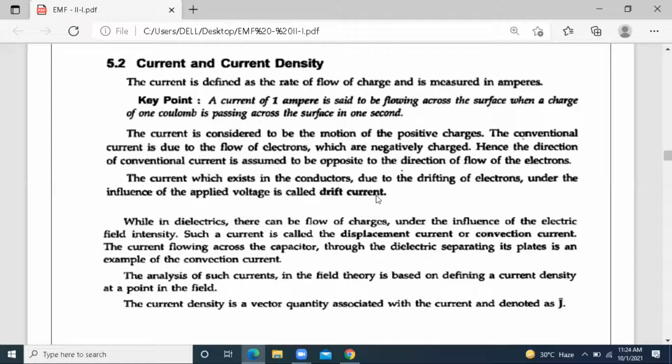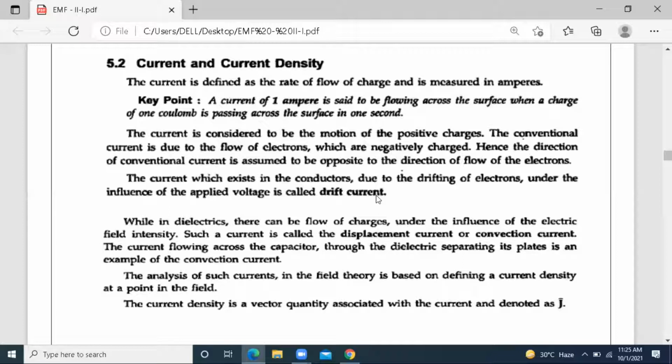So what do you mean by drifting of electrons? Like move from positive to negative, negative to positive. What do you mean by that, sir? All right. If you have an electric charge, right? You will have an electric field.